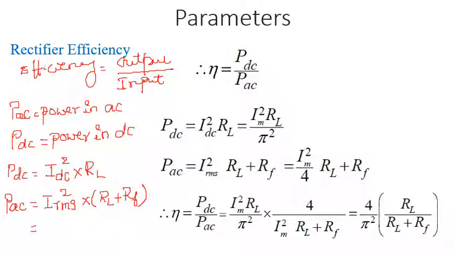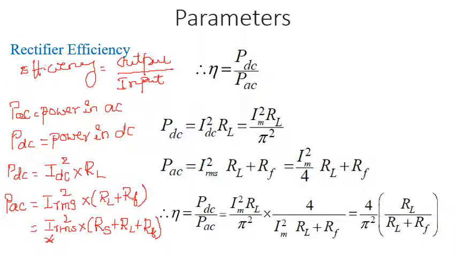In some cases they will also consider one more resistance, which is the resistance of the secondary of the transformer, and the equation can be written like this also.